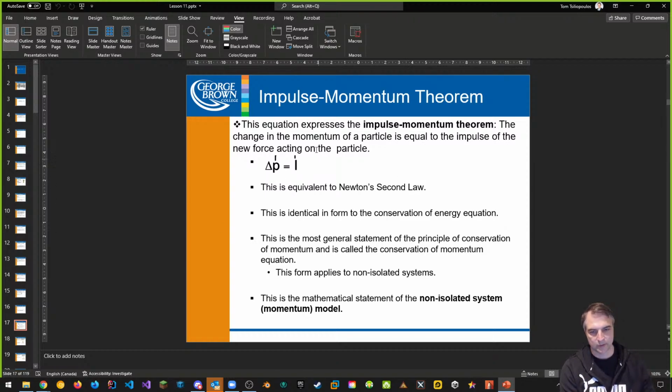So change in momentum is equal to the impulse, and this is equivalent to Newton's second law, where force equals mass times acceleration. We can go back the other way and relate impulse and momentum to mass, acceleration, and forces, which is exactly what we need from an energy perspective.